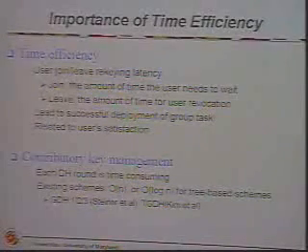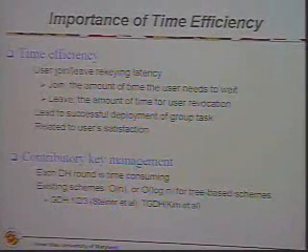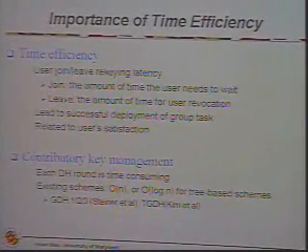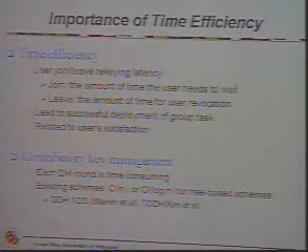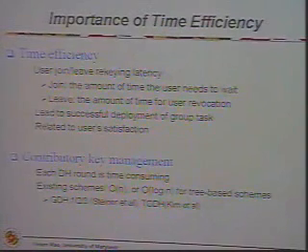So why is this time efficiency important? It actually comes down to two perspectives. First, from the user's perspective, during the user join and the user leave key update, the user has to wait. So this is related to user satisfaction of the group application.